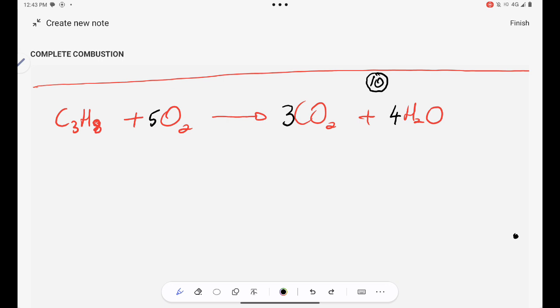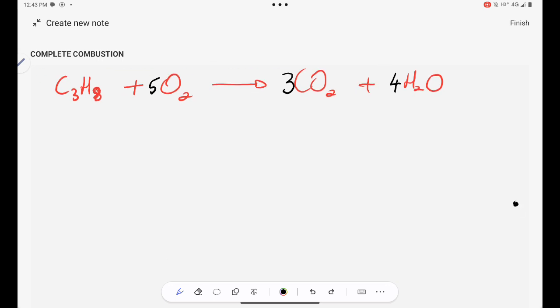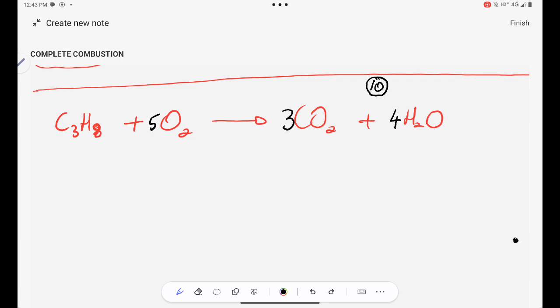Let's say now you have heptane. Heptane is a hydrocarbon that has 7 carbons and 16 hydrogens. Complete combustion for heptane, just do this. You'll simply get 2 marks out of 3.